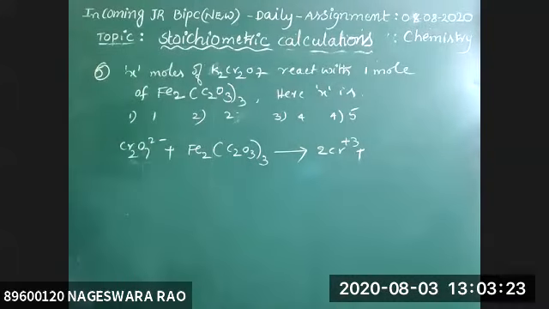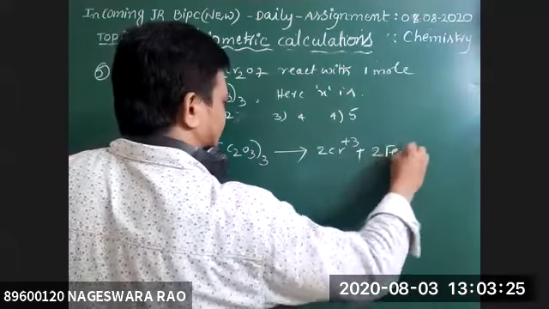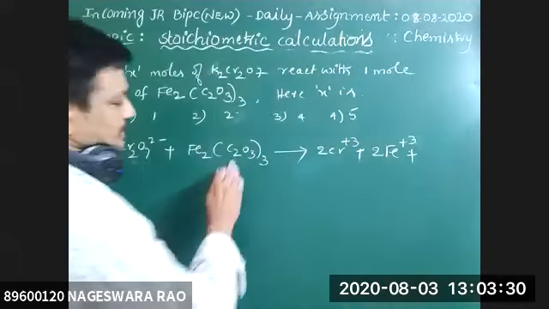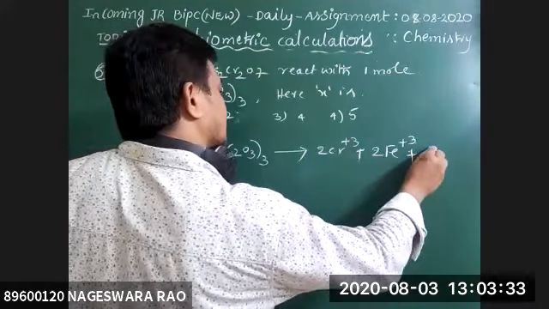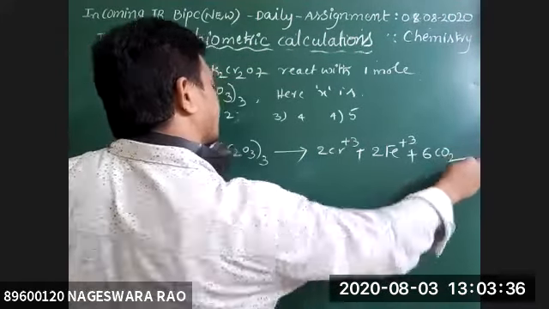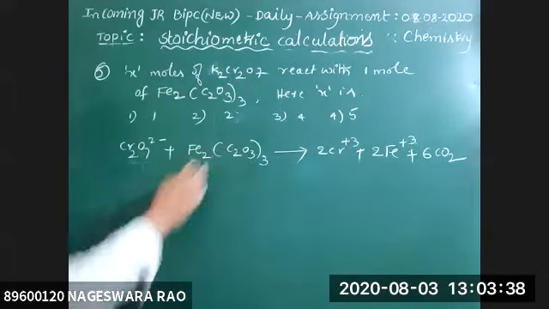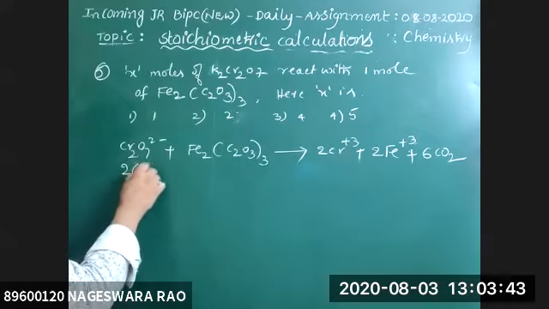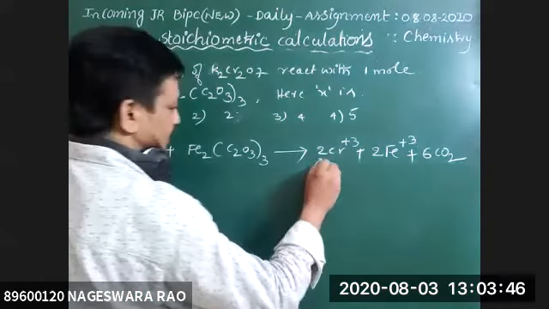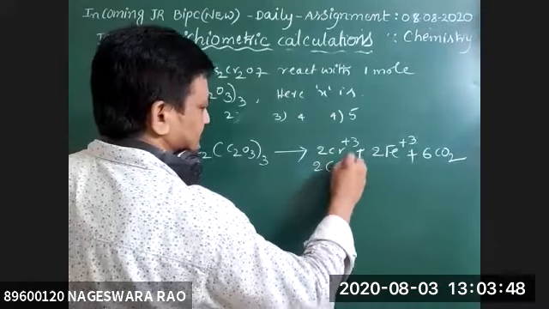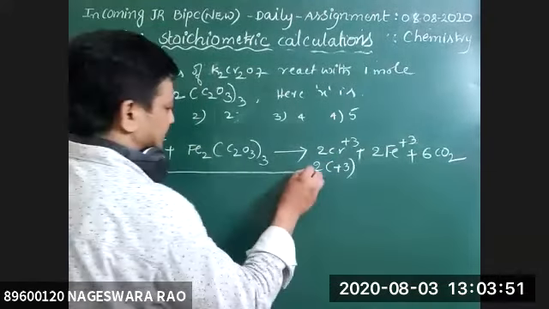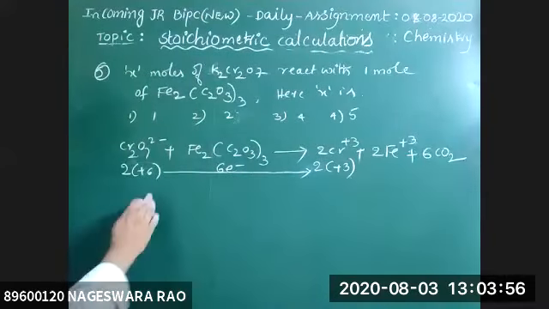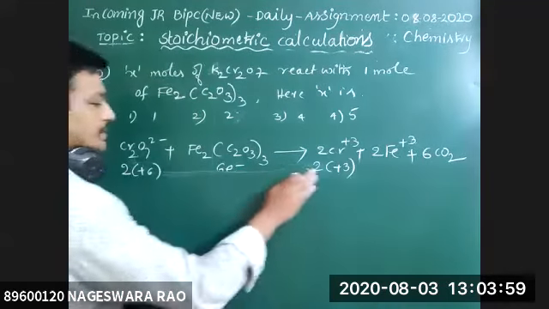Here ferric does not change, iron plus 3 stays as it is. The oxalate ion forms 6 CO2 molecules, since 6 carbons are there. So here 2 into chromium plus 6 converts to 2 into plus 3. So 6 electrons are transferred in this reaction.